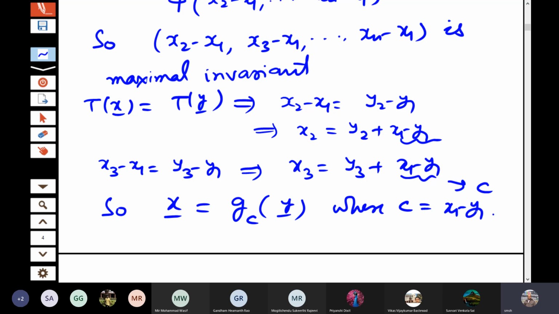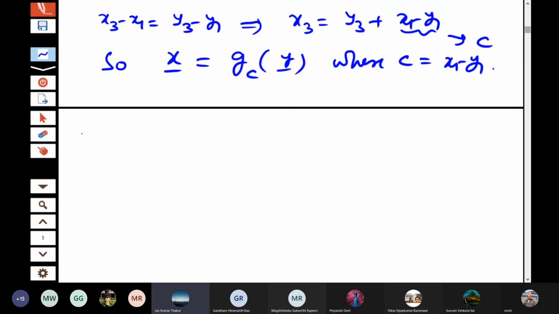Let me give an example with respect to the scale group also. Let us see how the invariant function is constructed. So again, let us consider, say, X to be the n-dimensional Euclidean space, and I consider the group to be the group of scale multiples here.